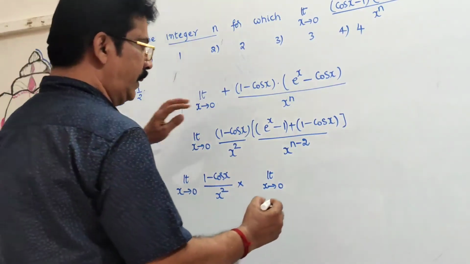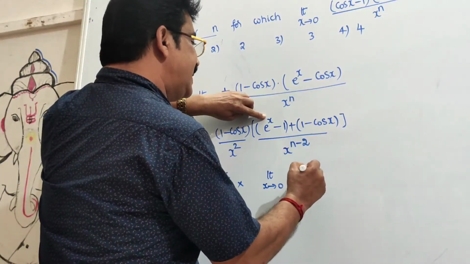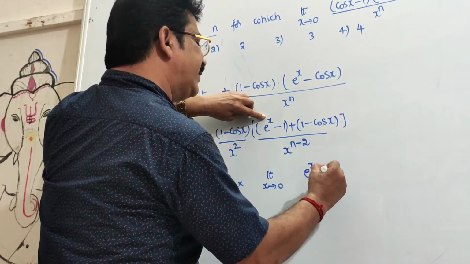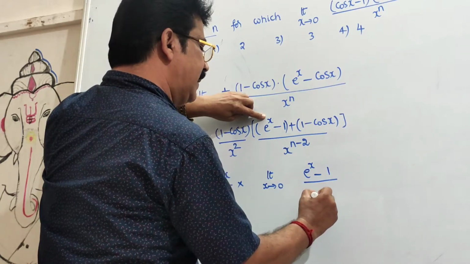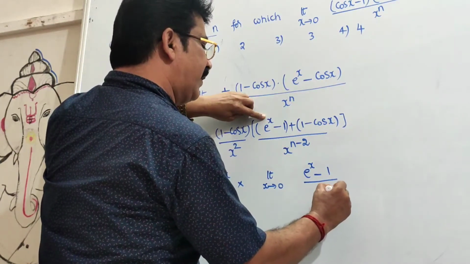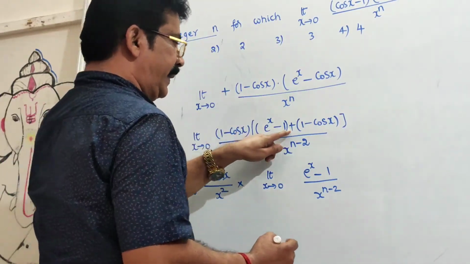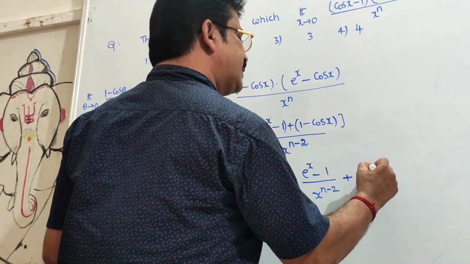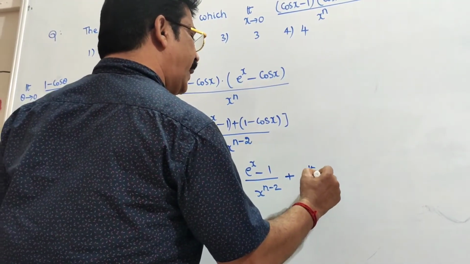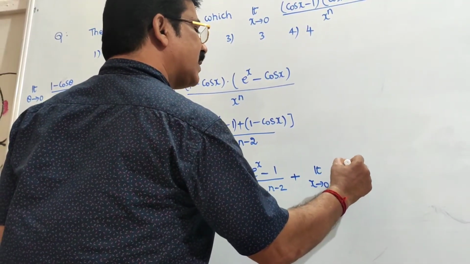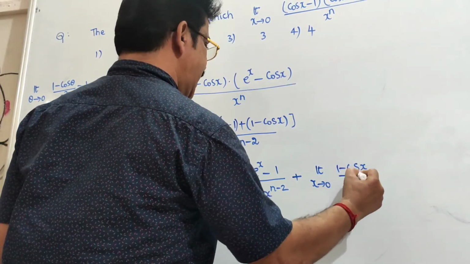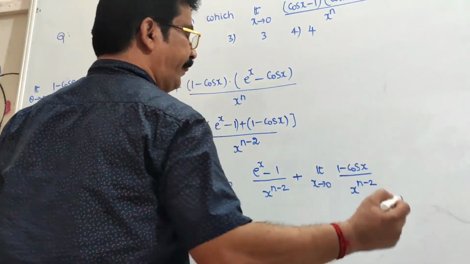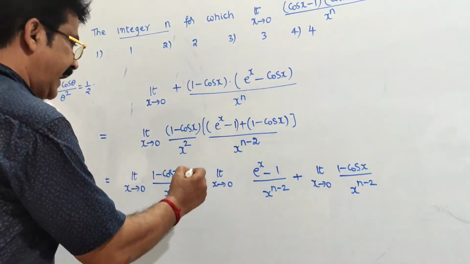It can be split as (e^x minus 1) divided by x to the power of n minus 2, plus limit x tends to 0, (1 minus cos x) divided by x to the power of n minus 2.